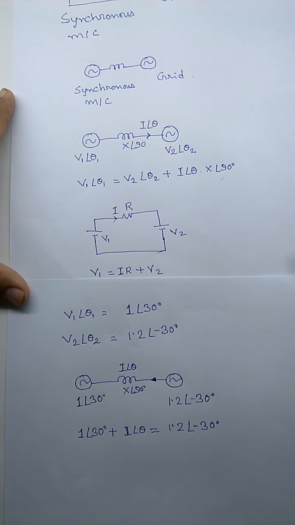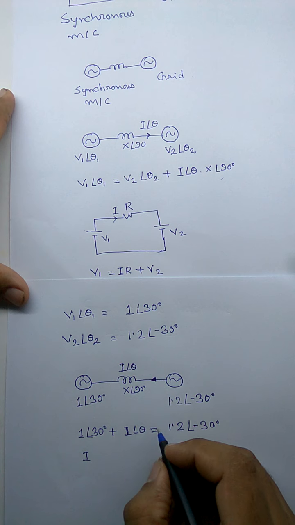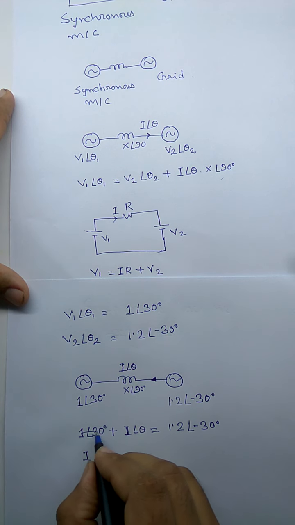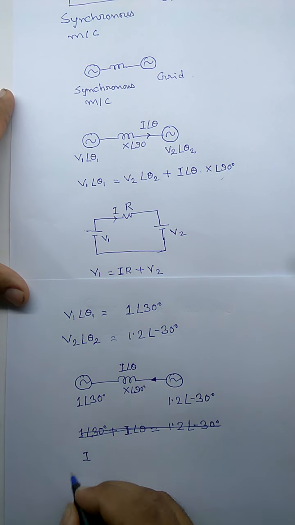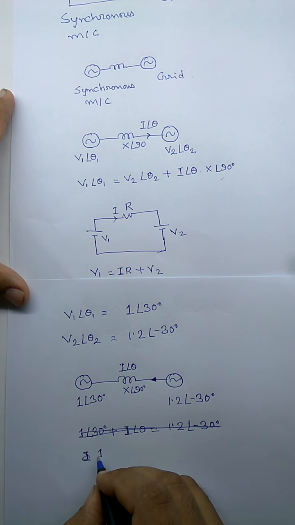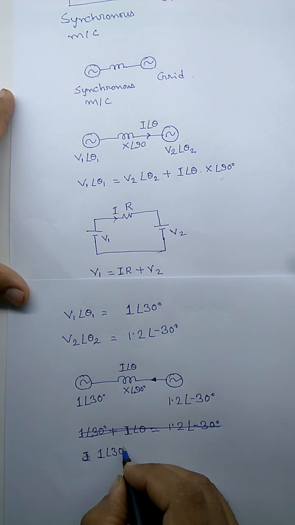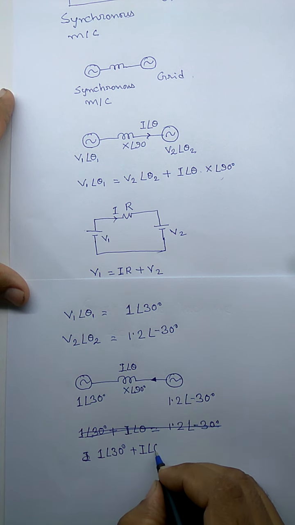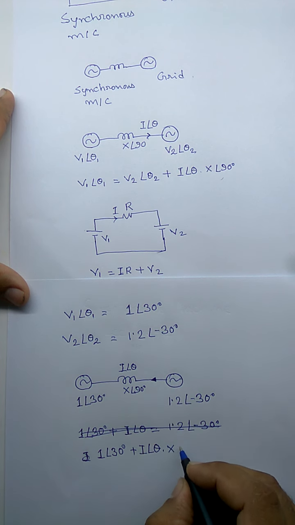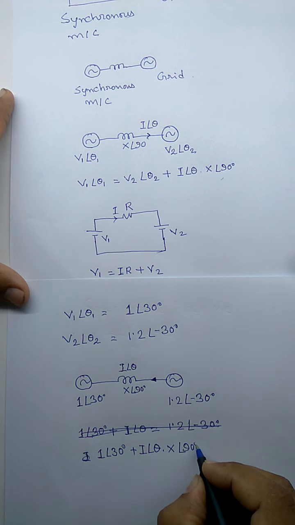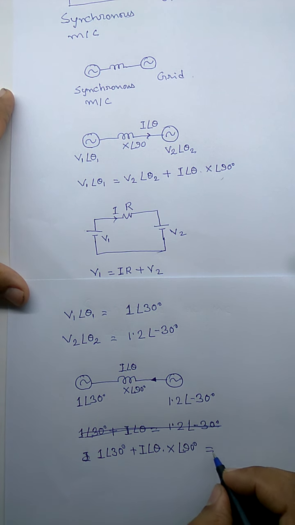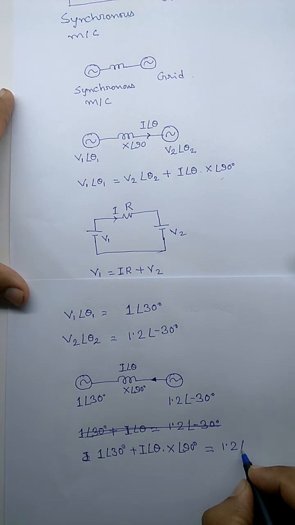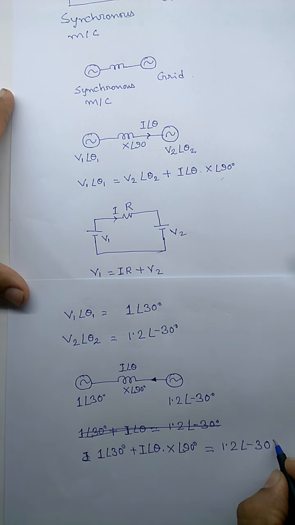Can you find the value of I? What will be the value of I? There will be X here. 1 at an angle of 30 degree plus I at an angle of theta into X at an angle of 90 degree is equal to 1.2 at an angle of minus 30 degree.